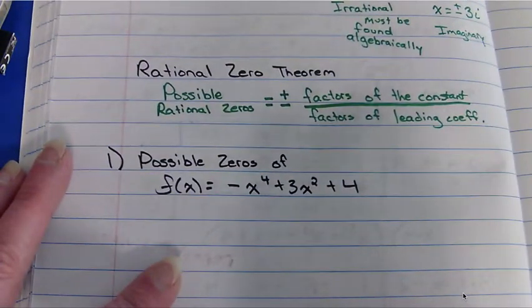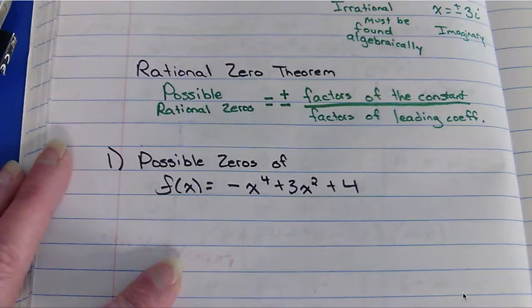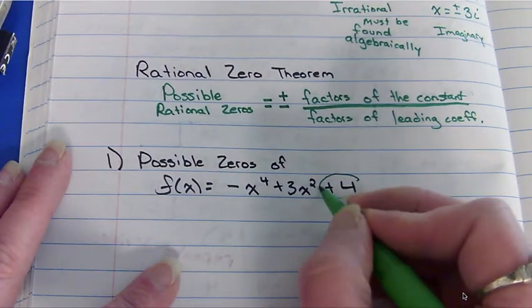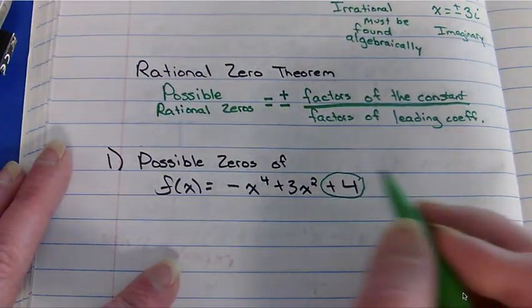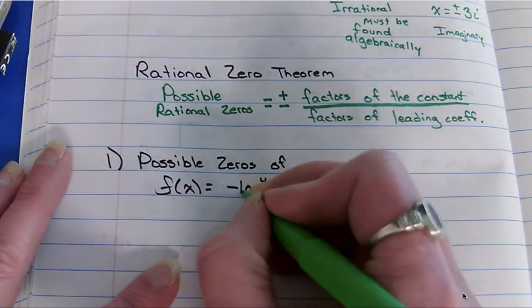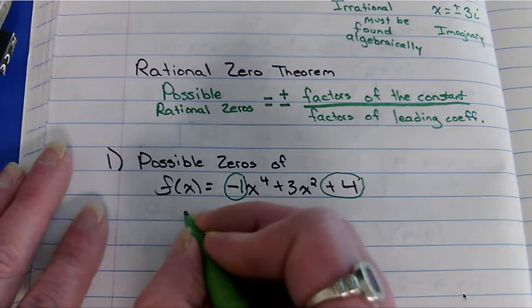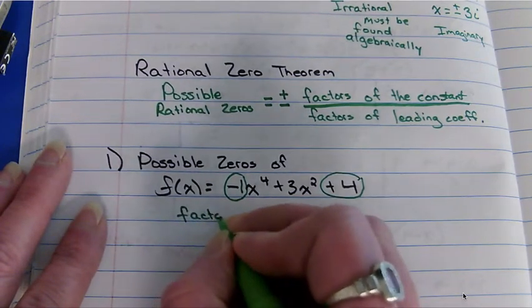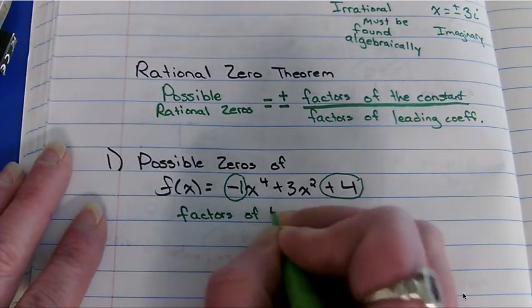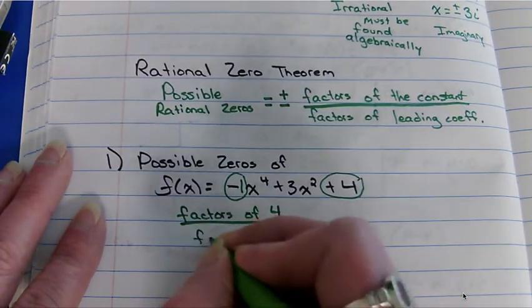So the possible zeros, I'm going to take the factors of the constant divided by the factors of the leading coefficient, and that's really a negative 1. So I'm going to be taking the factors of 4 divided by the factors of negative 1.